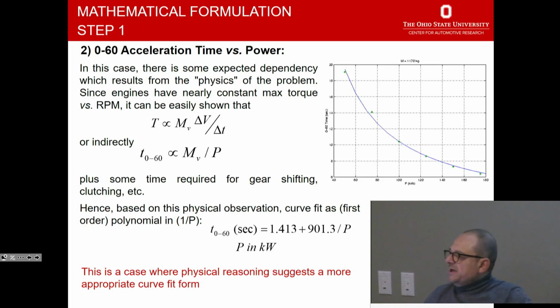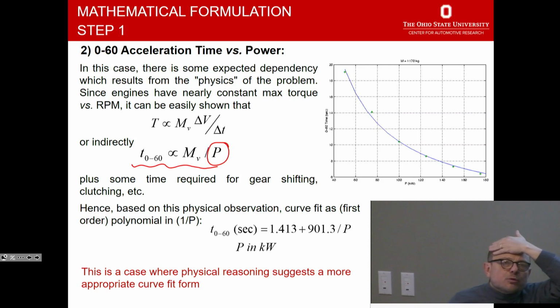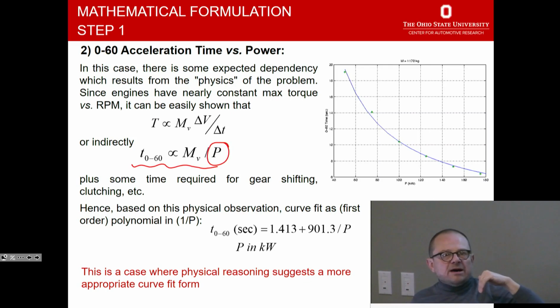It seems to me that I could fairly reasonably propose, just by reasoning physically, that the time it takes to accelerate from 0 to 60 would be inversely proportional to power. In other words, the more power I have, the shorter the time. So this 1 over x relationship works pretty well.